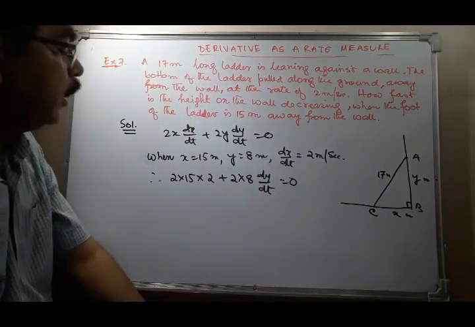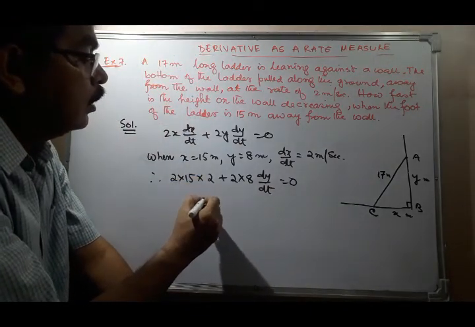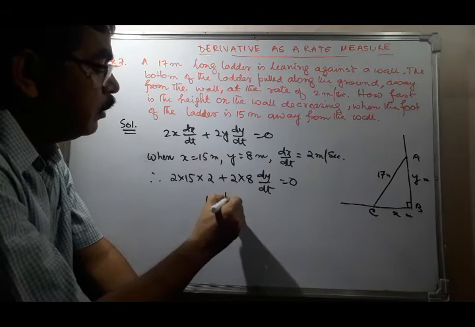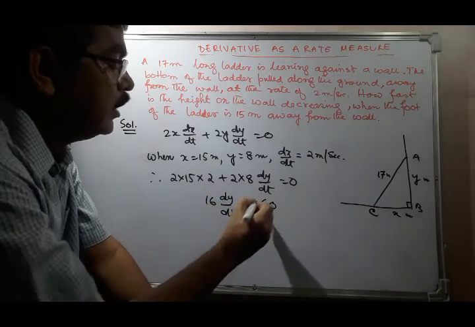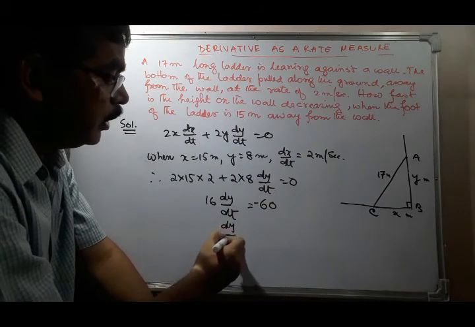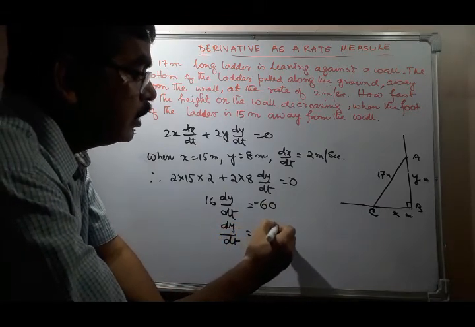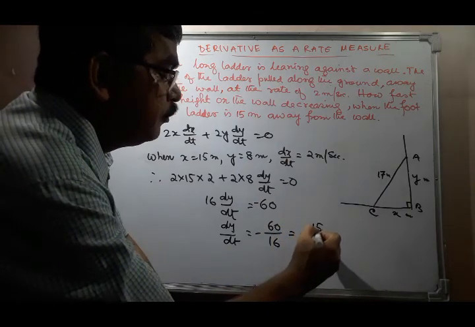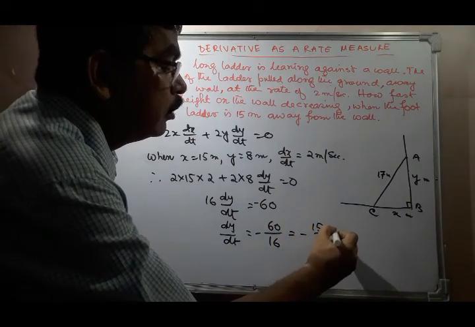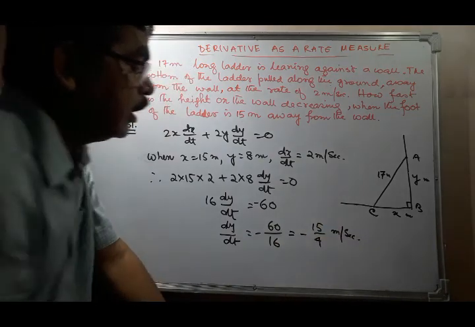So then what are we getting? 16 dy by dt equal to minus 60. So dy by dt equal to minus 60 by 16, that is minus 15 by 4 meter per second.